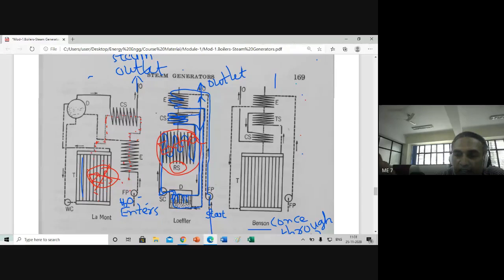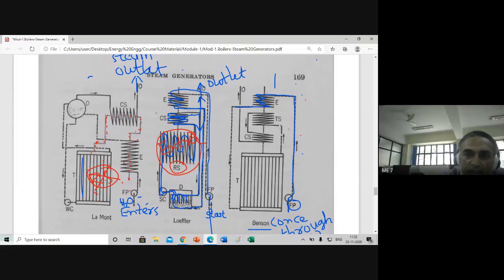is heated and supplied. You start from here, the feed pump. Always start from the feed pump. From the sump or the river or the reservoir, water is sucked by this pump, and that water is pressurized and sent to this economizer.